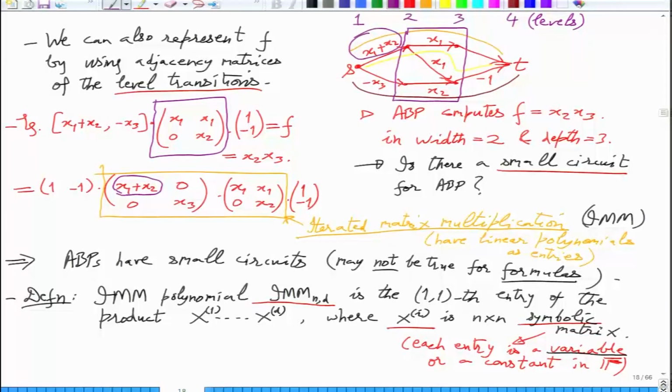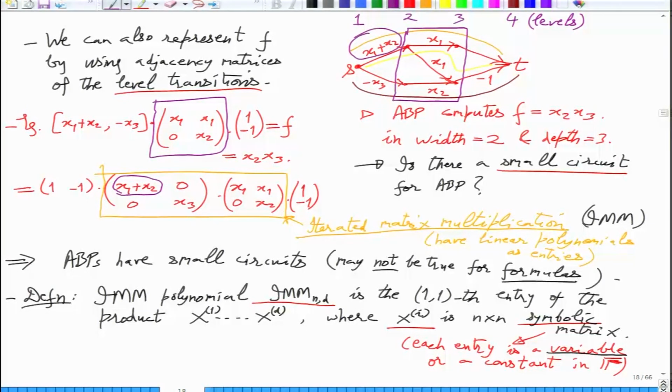You just increase the size of it, where you compute x1 plus x2 by a small ABP, right? You add a layer here. So one subpath will compute x1, another subpath will compute x2. So this particular edge where x1 plus x2 is, you will duplicate it, one with x1, the other with x2, and that will grow the width by 1.